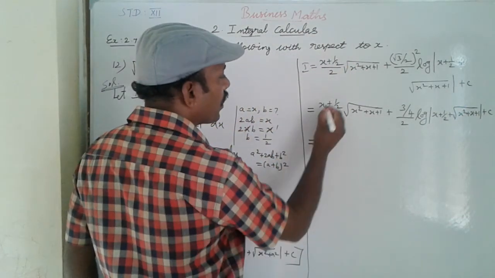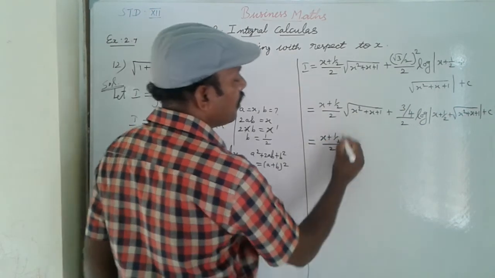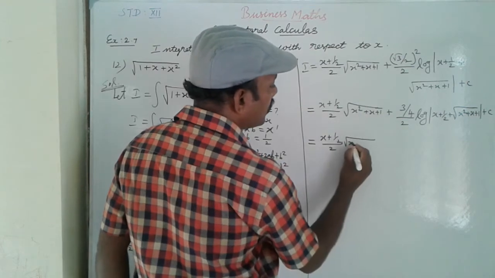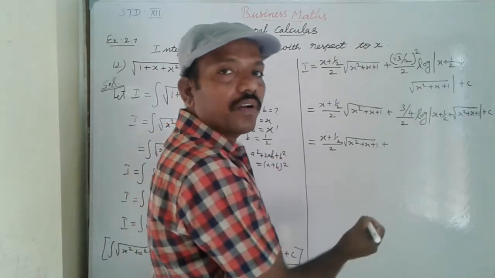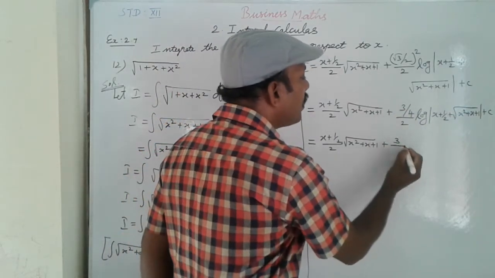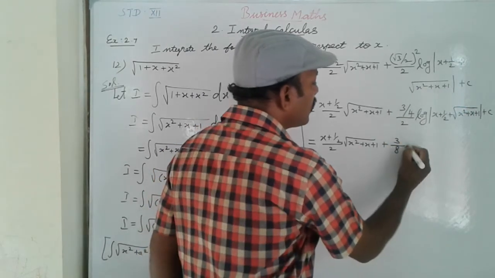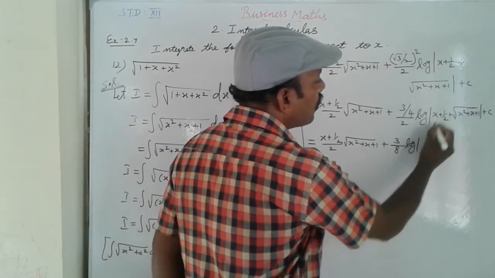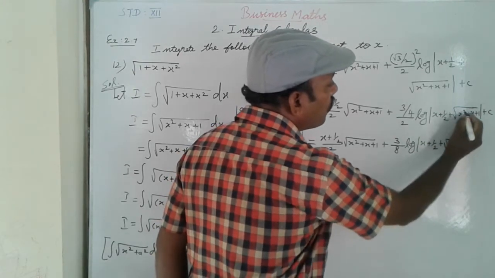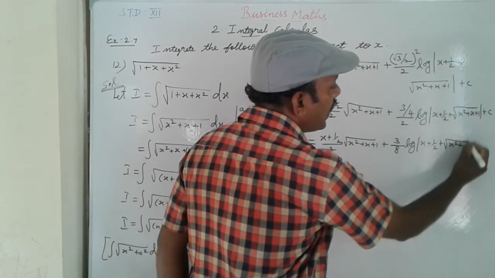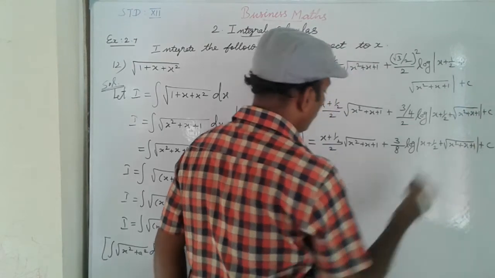This is equal to x plus 1 by 2 divided by 2 root of x square plus x plus 1 plus 3 by 4, so 3 by 8 log modulus of x plus 1 by 2 plus root of x square plus x plus 1 plus c. That's all.